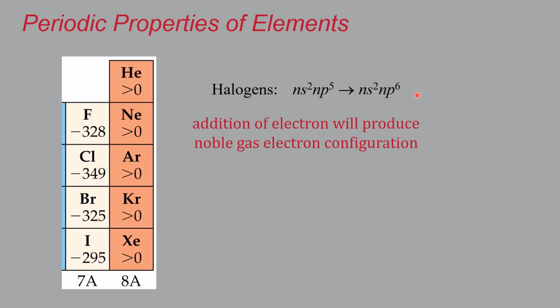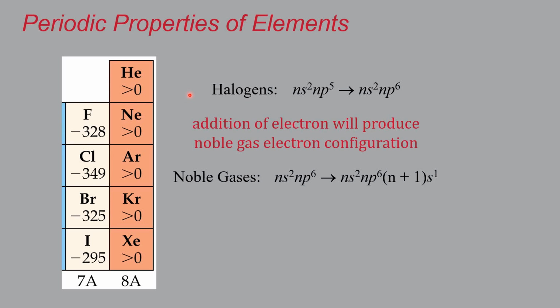It is a completely filled shell. We have told you in a few ways, almost since day 1, that these electron configurations are very stable. The noble gases all have completely filled shells, which makes an atom very stable, which is why the halogens will do just about anything to get that extra electron.